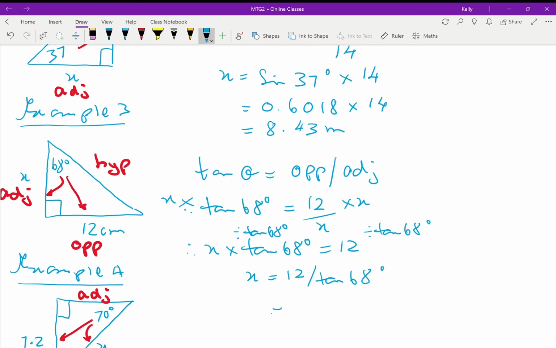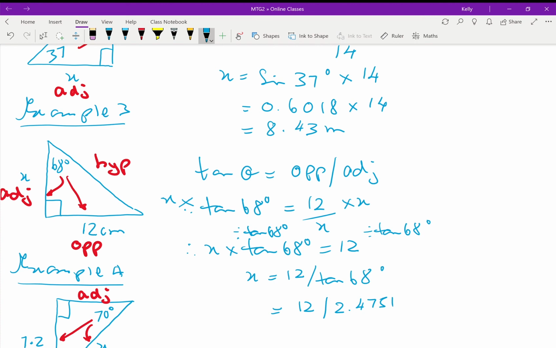Alright, so what's my values for that? Well, I've got to look up tan of 68, so 12 divided by tan 68 degrees, which is 2.4751.